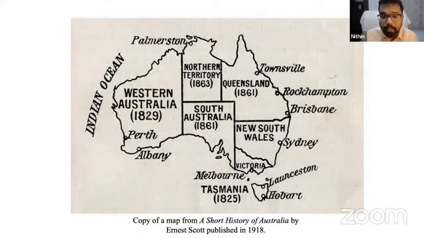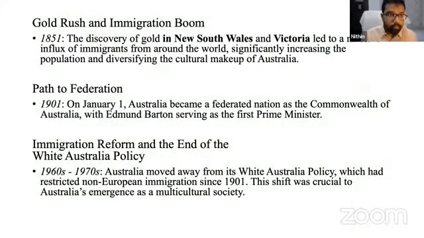So they had complete control of the people who lived there, including convicts as well as people who immigrated from Britain.